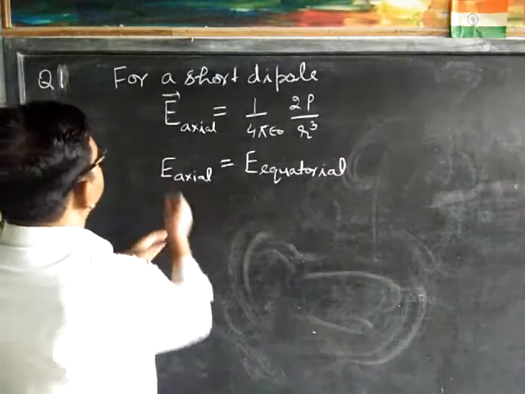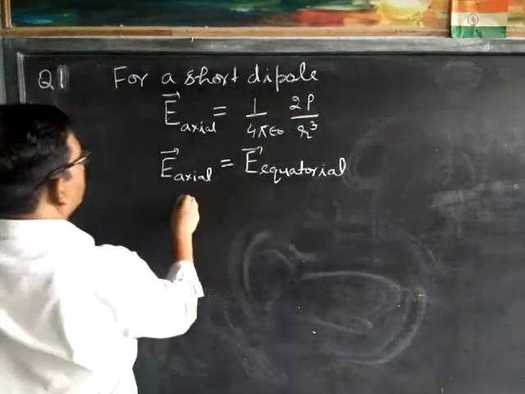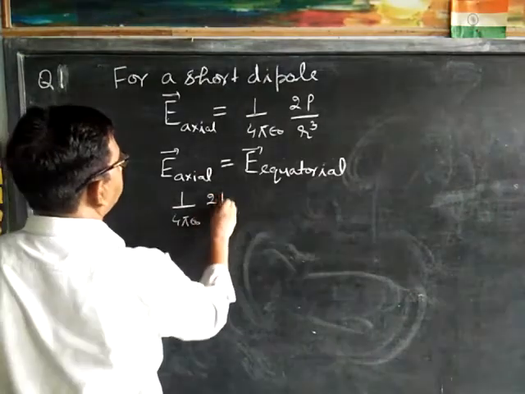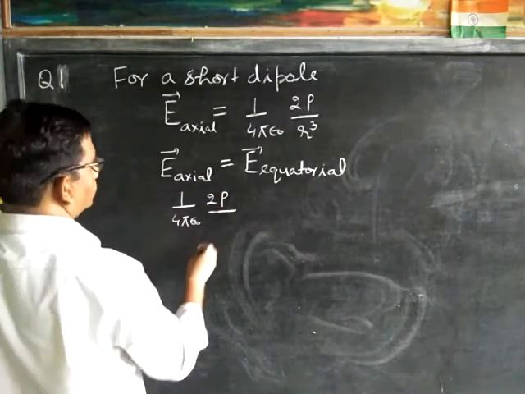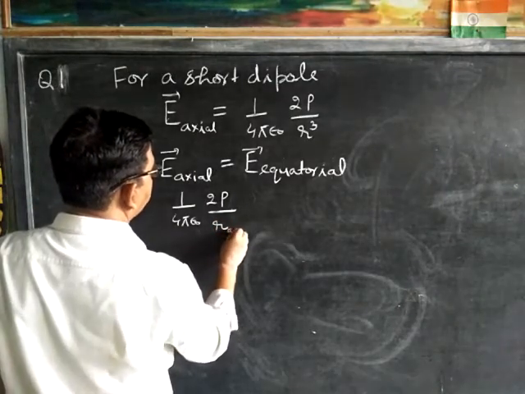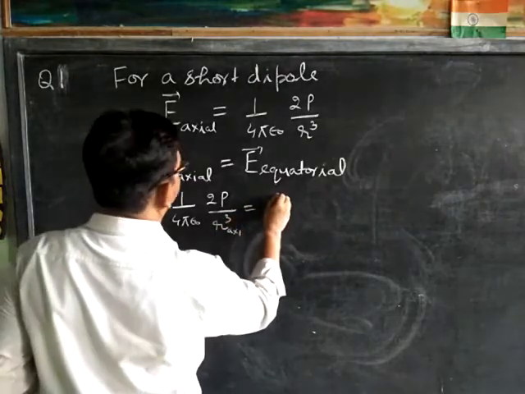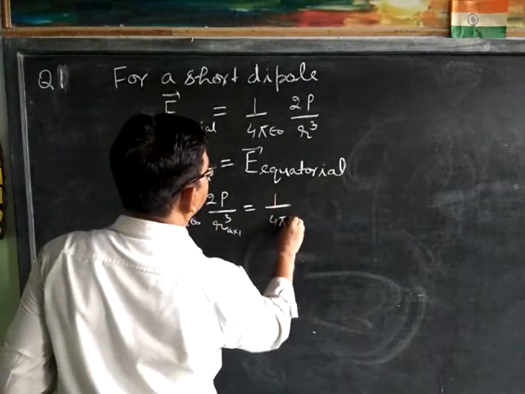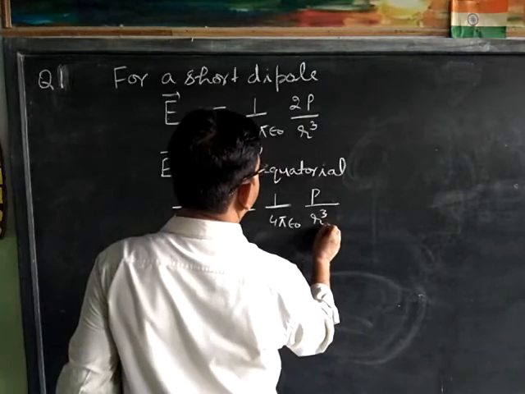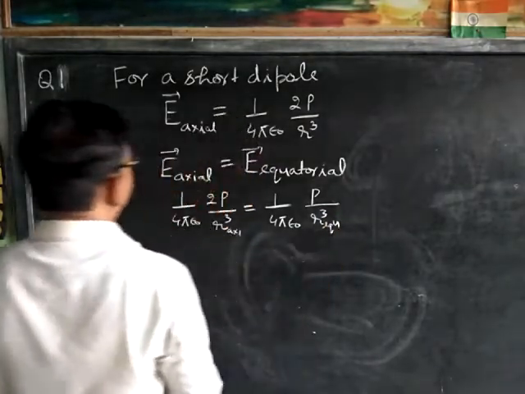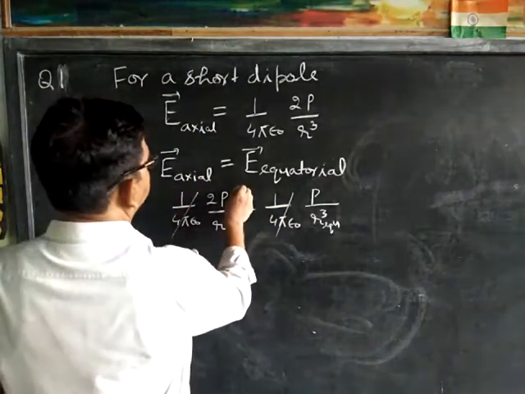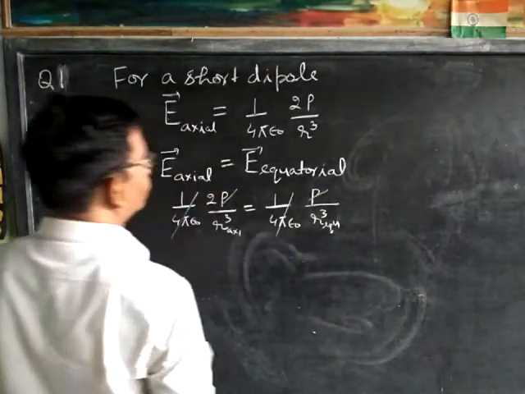What is the electric field at an equatorial point? That is 1/4 pi epsilon naught p upon r cube. So 1/4 pi epsilon naught into 2p upon r axial cube is equal to 1/4 pi epsilon naught p upon r equatorial cube. We cancel 1/4 pi epsilon naught and p from both sides.